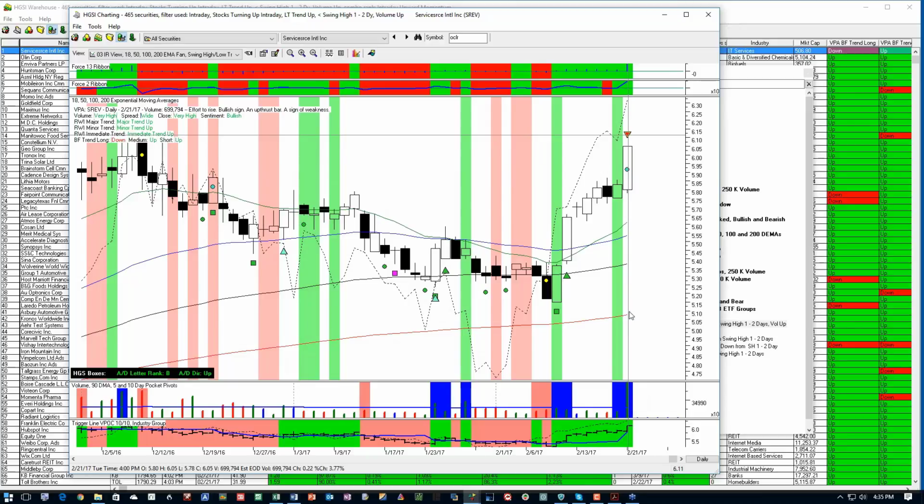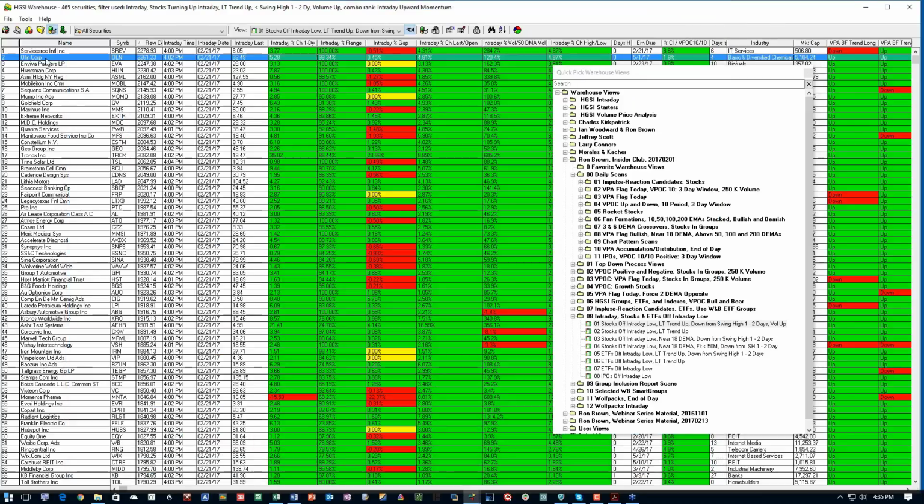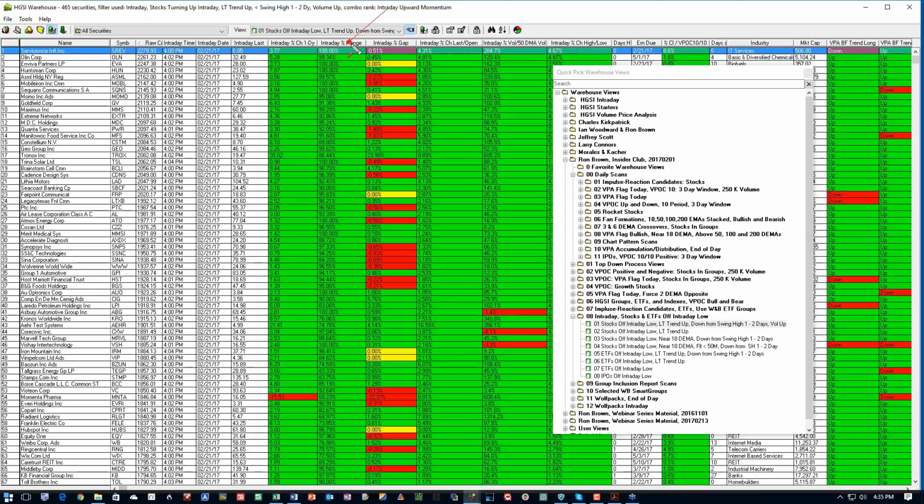Anyway, that's another story. So here, looking at this, SREV, it closed at 100% of its daily range. The percentage change from the low to the high is 4.67%.